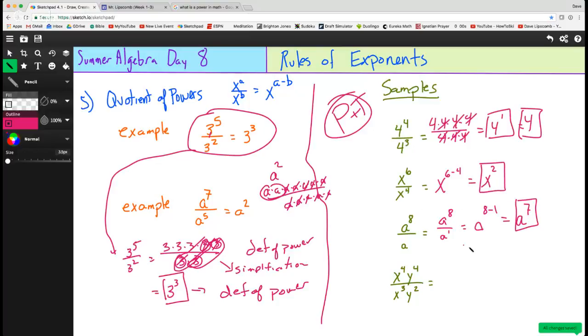This one's a little bit tricky, but watch what we do. X to the 4th times y to the 4th over x cubed times y squared is the same thing. Look at this, because I can separate out my fractions, right? These are equivalent, because if we multiply our numerators and multiply our denominators, we get back. So we can separate these out, and now we know what this is.